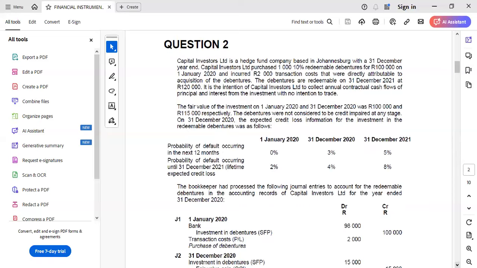In this case, you can see we are the ones buying the debentures. We are Capital Investors. They purchase the debentures. Because they purchased the debentures, this is a financial asset to us. If we were the ones issuing, it could have been a financial liability.